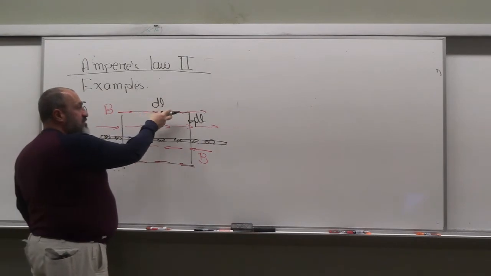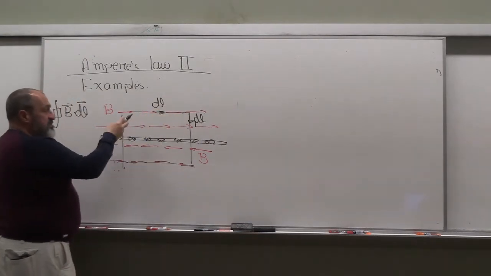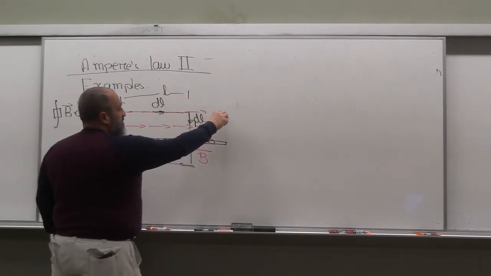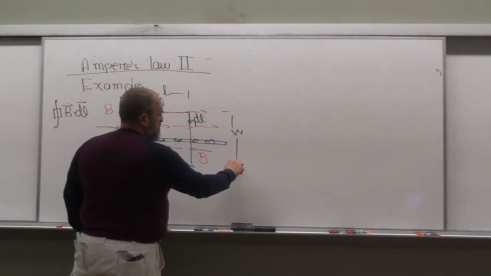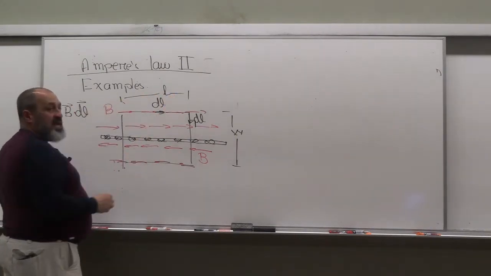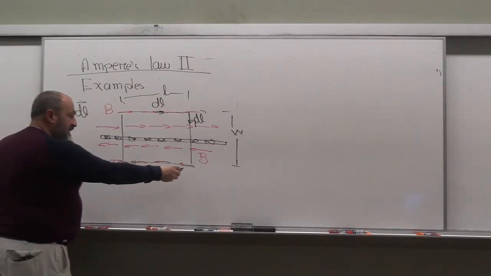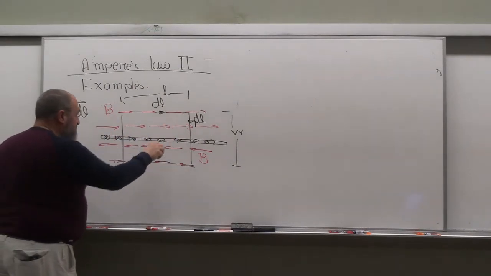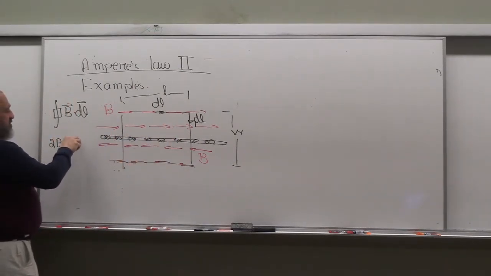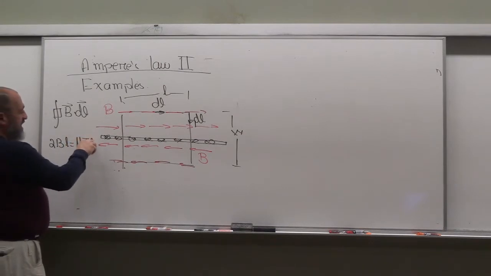B and dl pointed the same way here, so that gave you B dl integrated over the length, which was l, so this was B times l up here, B times l down there, 0 here, 0 there, so that gave you 2Bl equal to mu naught I enclosed, which was J times l.